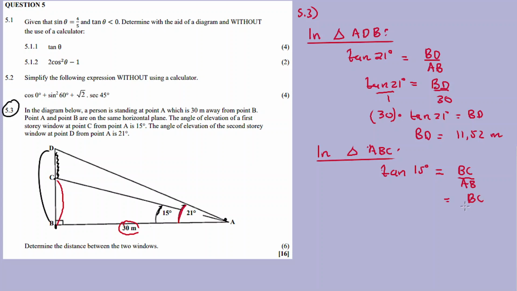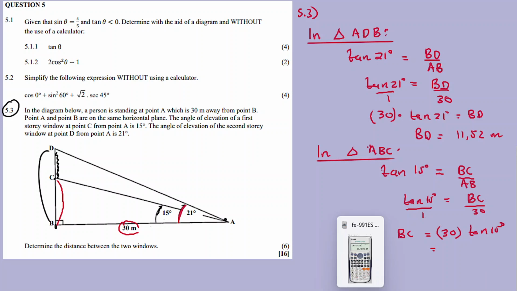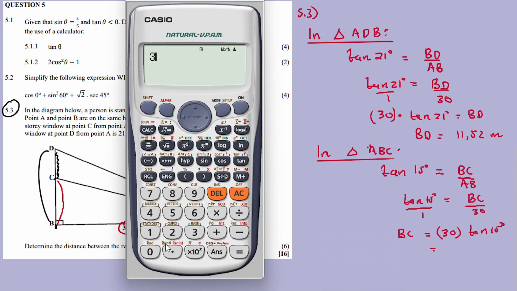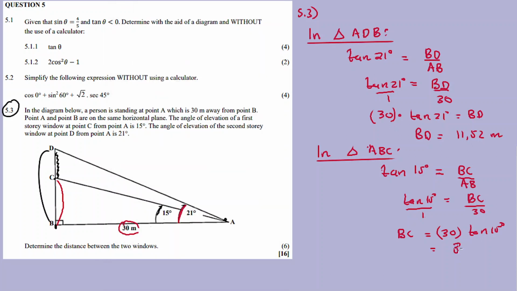So BC over 30, tan 15 degrees over 1. BC times 1 is equal to 30 tan 15 degrees. We get 30 times tan 15 degrees is equal to 8.04 meters.